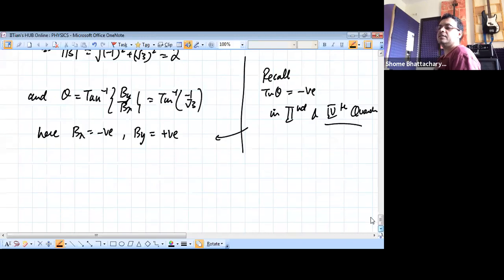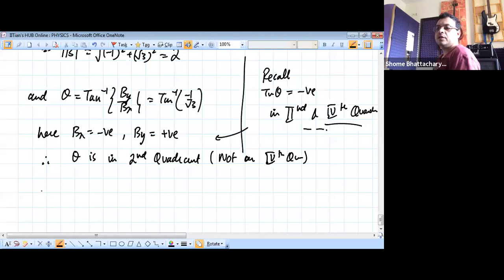So that is giving us the indication that theta is in the second quadrant. It's not in the fourth quadrant.